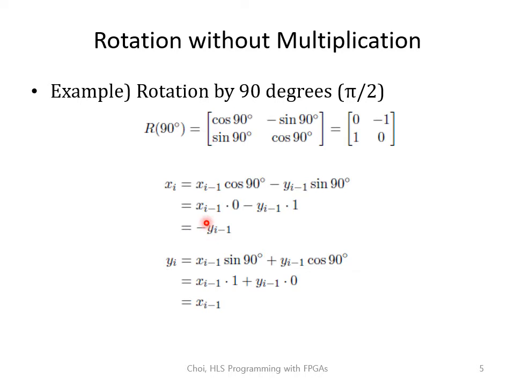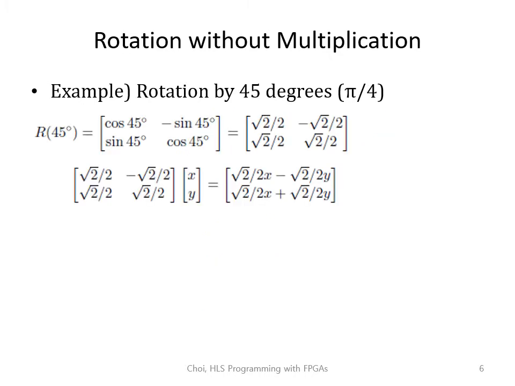So no multiplication is needed for rotation by 90 degrees. And if you think about the rotation by negative 90 degrees, you can see that this will become positive and this will become negative. So no multiplication is needed for minus 90 degrees as well. All right. So let's think about other angles in the next slide.